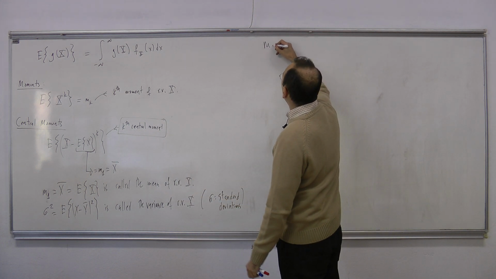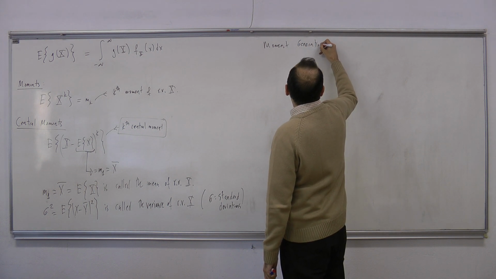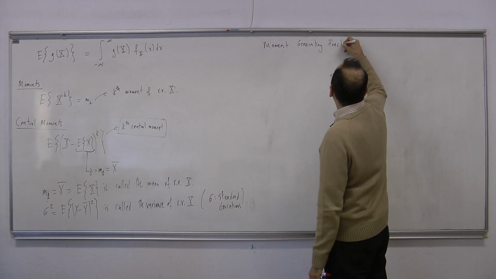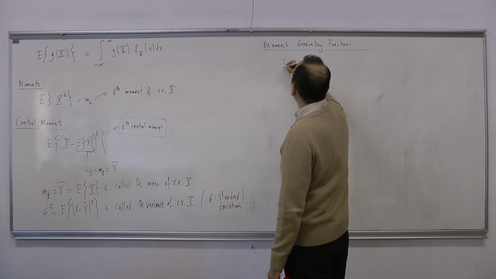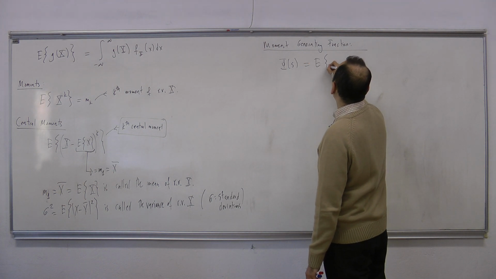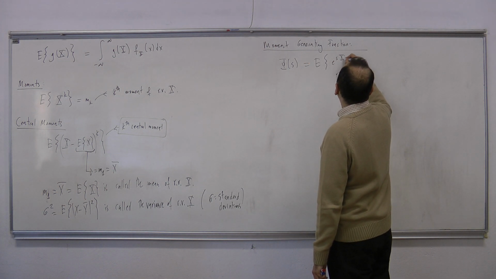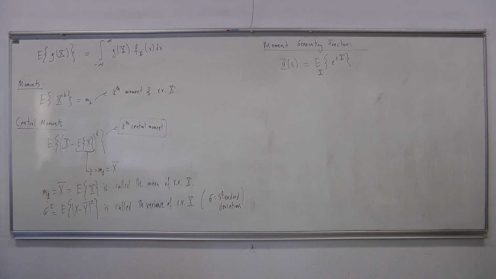So I would like to first discuss this moment generating function. So this is denoted as phi of s, and this is expected value of e to the s x. Again, all of these are reminders, okay, because I'm not teaching you anything new, or I'm not discussing anything new.